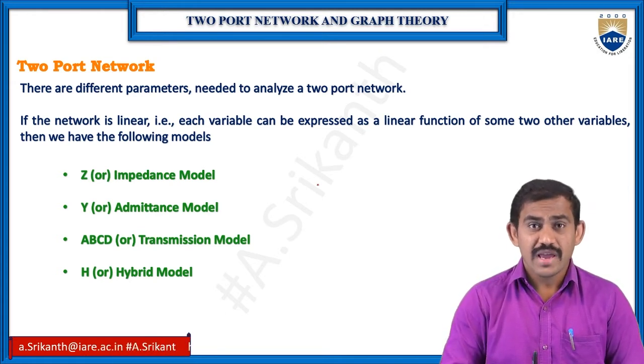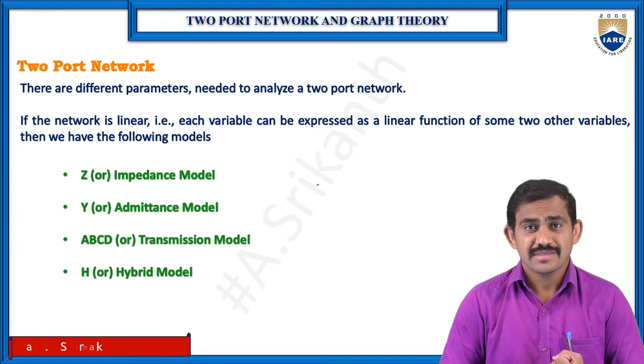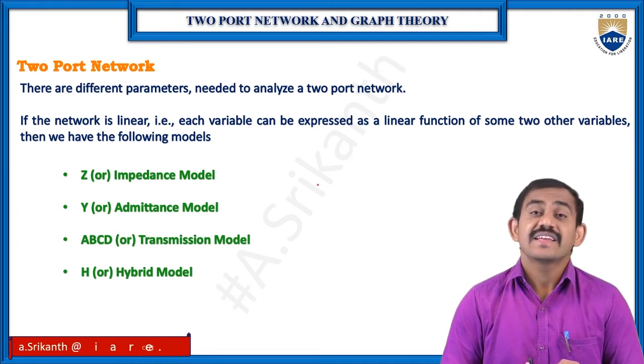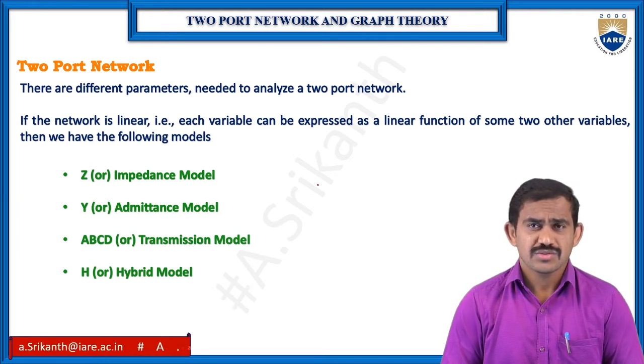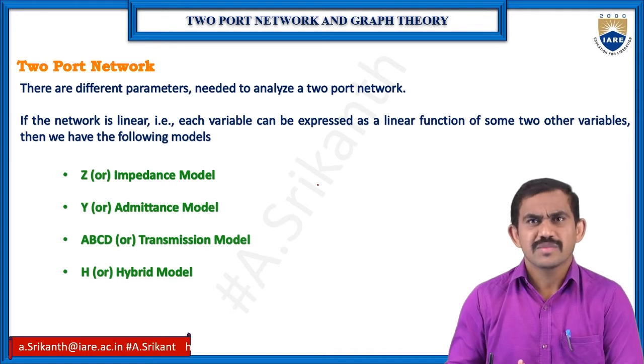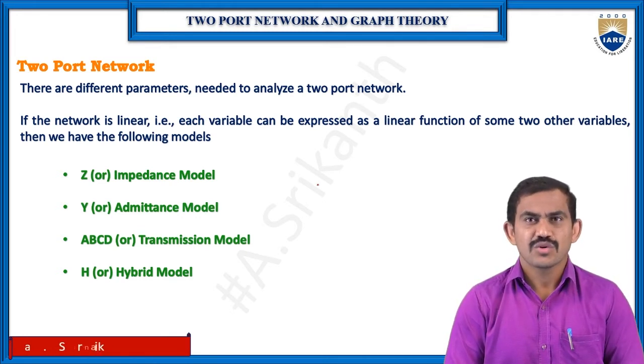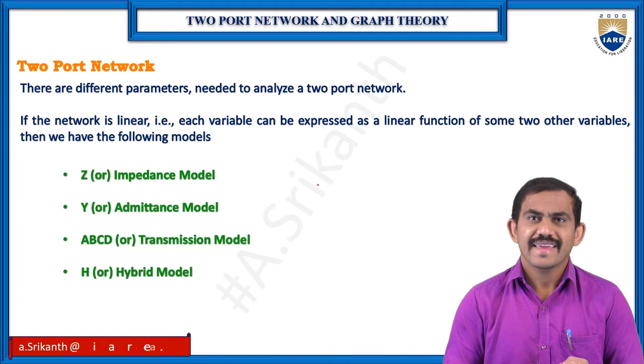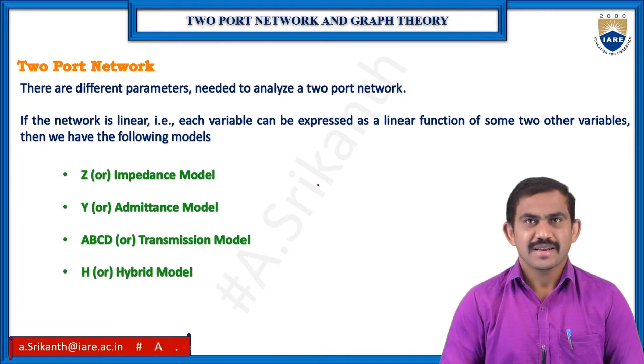Not only these 4, we also have image parameters as well as inverse parameters, but there is no need for those. Up to Z, Y, ABCD and H parameters is okay for us.